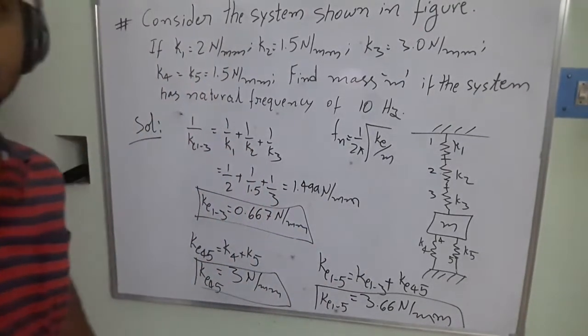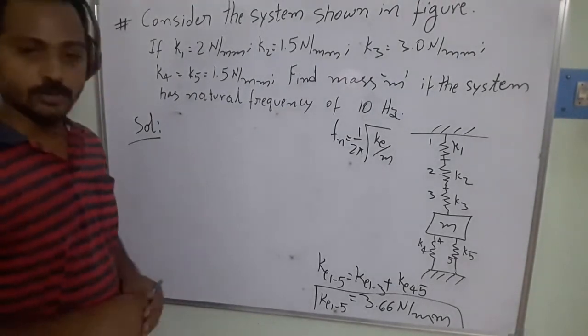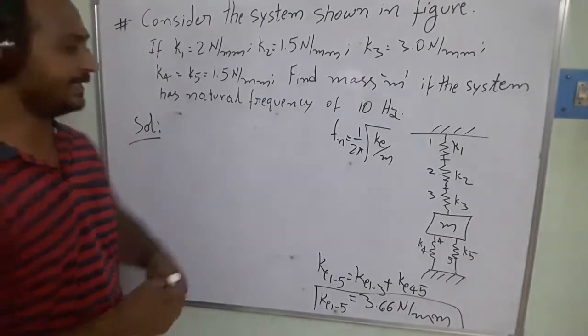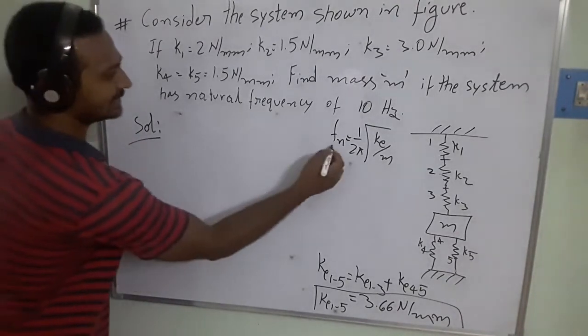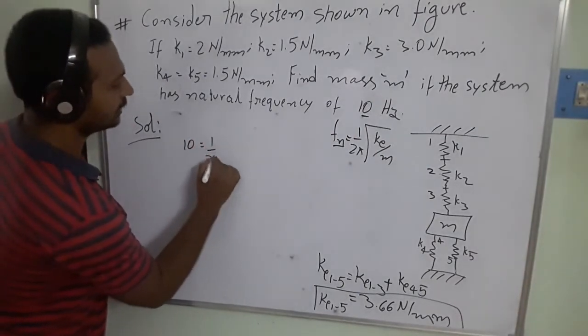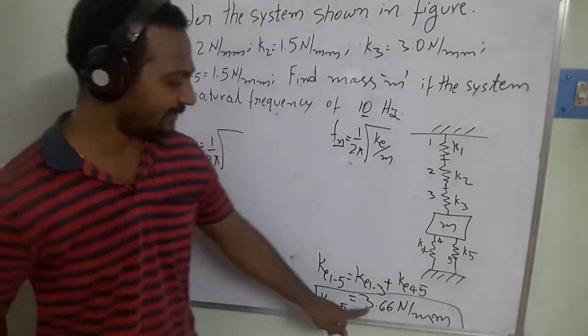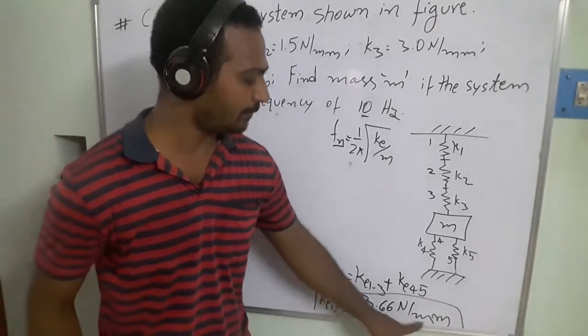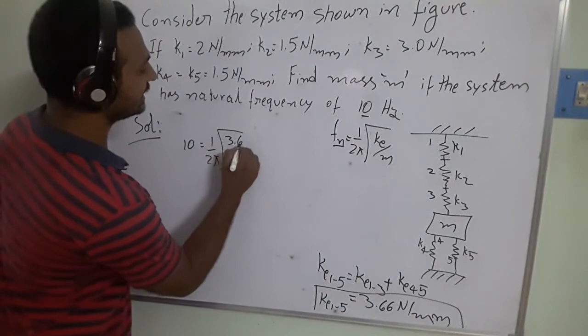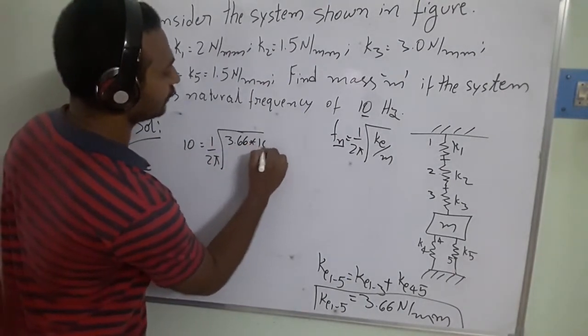Now substituting into the equation, fn is 10 Hz, equal to 1 by 2 pi square root of Ke, where Ke is 3.66 Newton per mm, converted into meters as 3.66 into 1000.